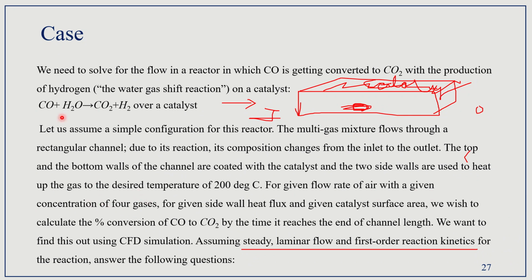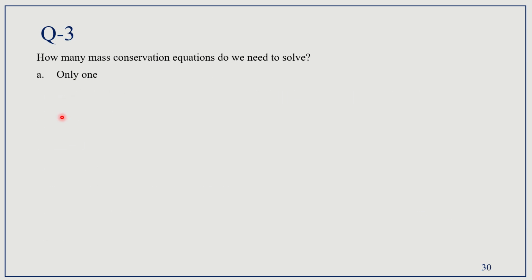So we have 4 species. On the basis of species conservation equations, we have to solve for 4. But on the basis of degrees of freedom, if we look, we are already solving one mass conservation equation, that is the continuity equation.